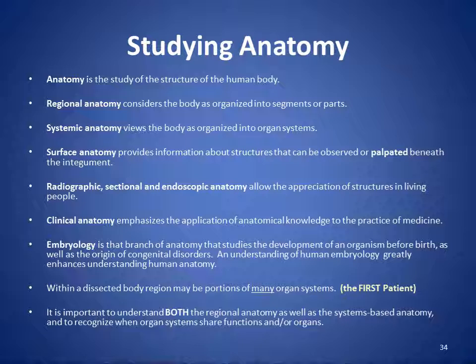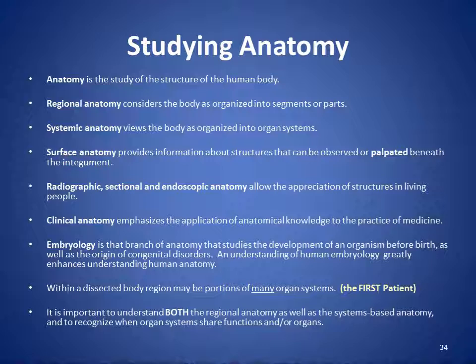Let's discuss a few last things about studying anatomy. First of all, you should understand and appreciate that anatomy is really the study of the structure of the human body, and it can be further classified into regional anatomy that consists of the body as organized into segments or parts, as well as systemic anatomy, which views the body as organized into organ systems.